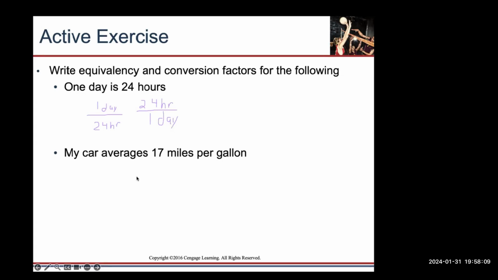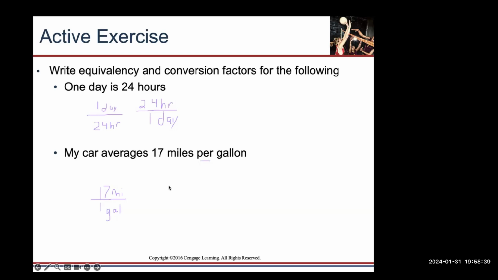Okay, so same thing down here. We could have 17 miles, and MI is the abbreviation for miles, over 1 gallon. When we say per, we typically have 17 miles per 1 gallon.